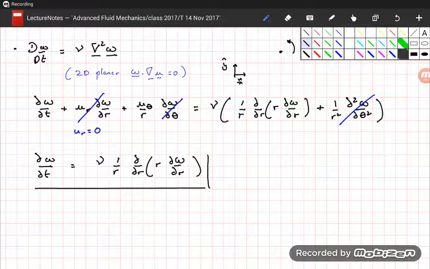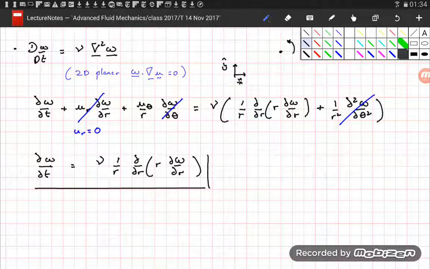So here note that because there is no radial velocity, so there is no mass transport in the radial direction, then the only way vorticity is transported is because of the diffusion term. And so this equation you've seen before. This is really a diffusion equation or a heat equation.